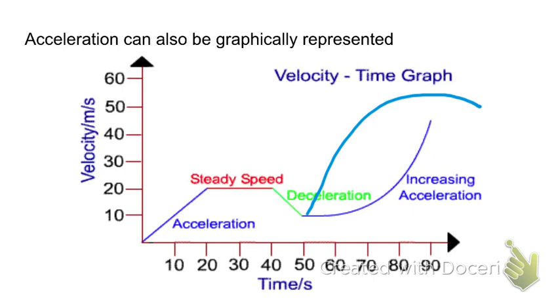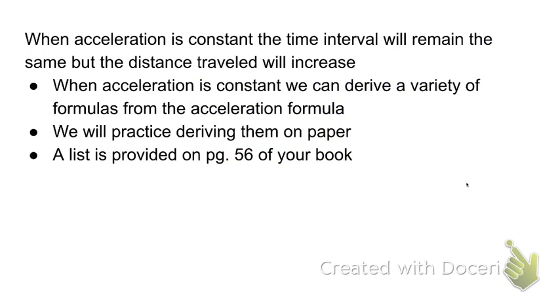Scientifically, decelerate is not really a thing, but all right. When acceleration is constant, the time interval is going to remain the same, but the distance traveled is going to increase because you're increasing how quickly you cover ground.